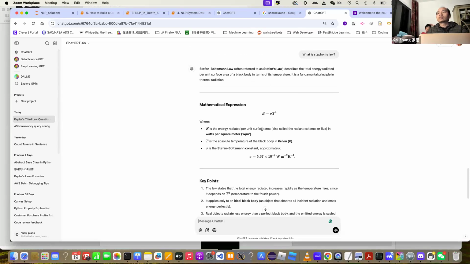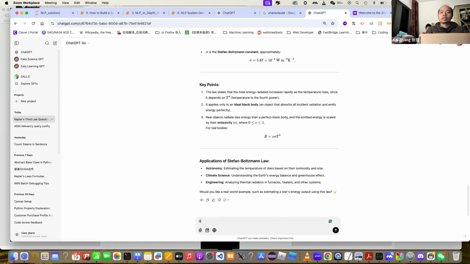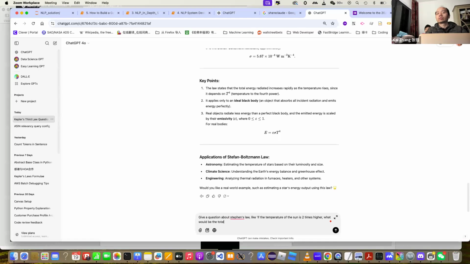Okay, so you know that this is Stefan's law, and give me a question about Stefan's law, like if the temperature of the Sun is 2 times higher, what would be the total luminosity of the Sun if the radius does not change?